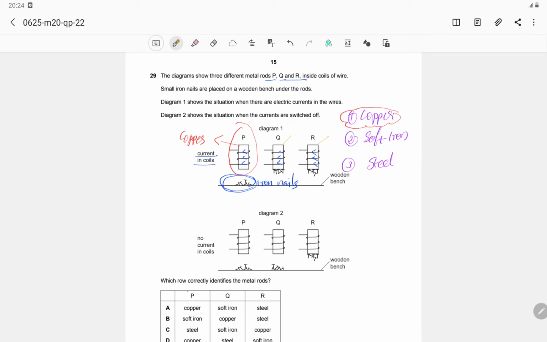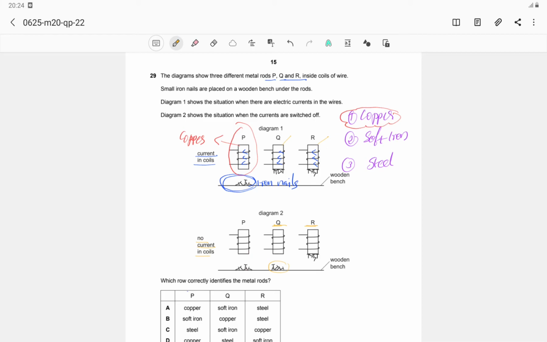But now you have to look at diagram 2. The moment the current is switched off, out of Q and R, the nails which were attracted to Q are removed from Q. But in R, they are still attracted.